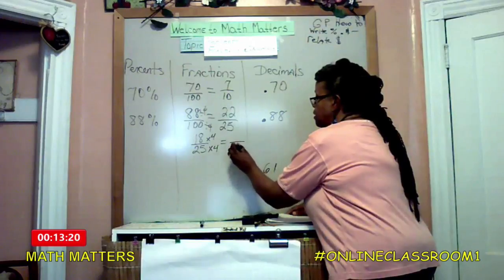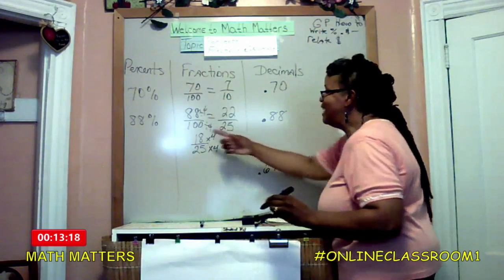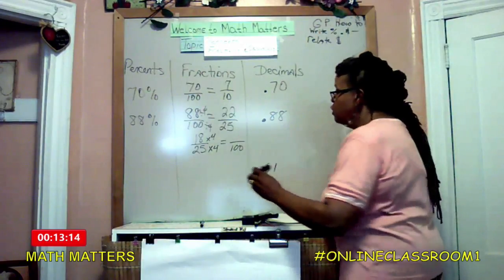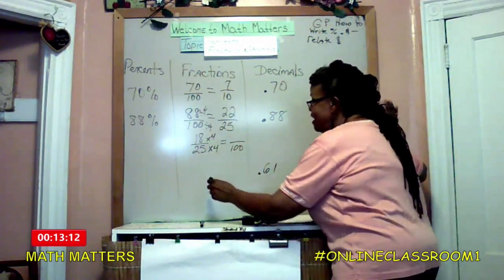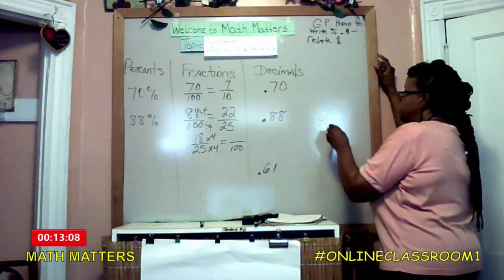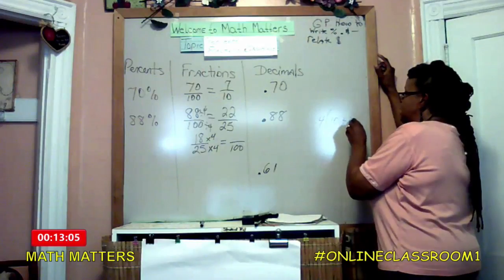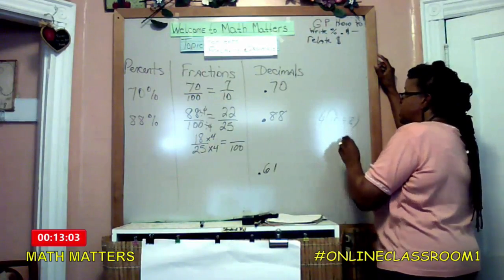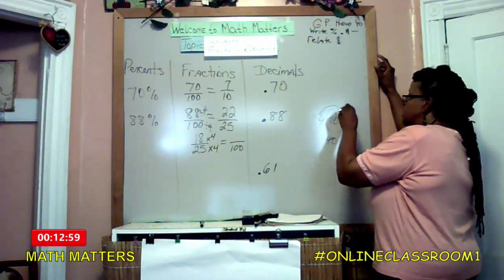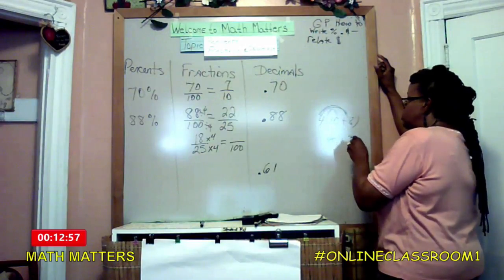So 18 times 4 will give me what I'm dealing with. Once again, distributive property: 4 times 18 is 10 plus 8. 4 times 10 is 40, plus 4 times 8 is 32.